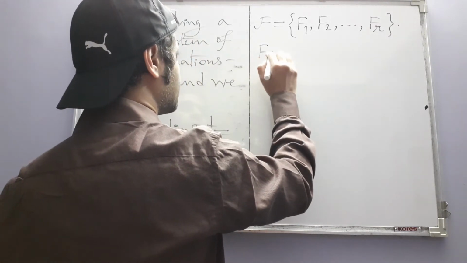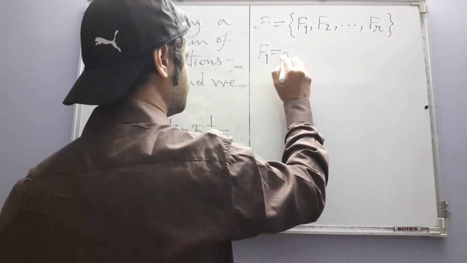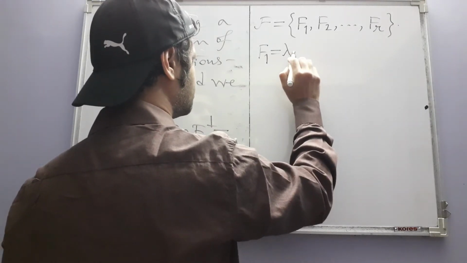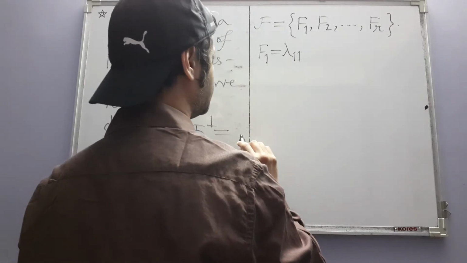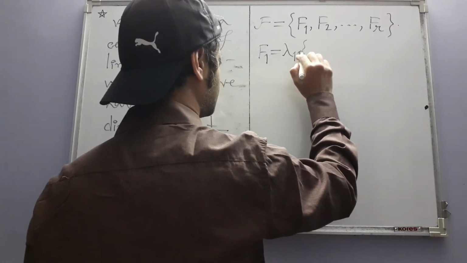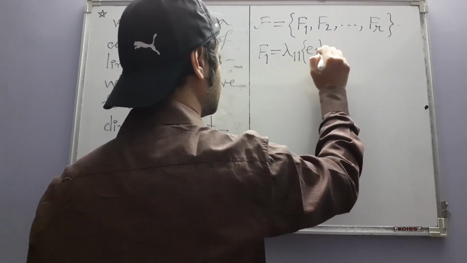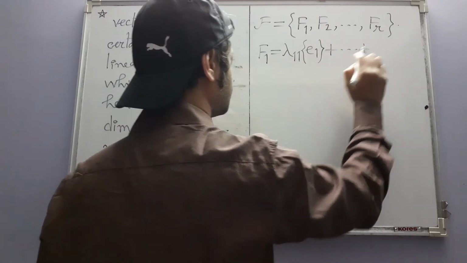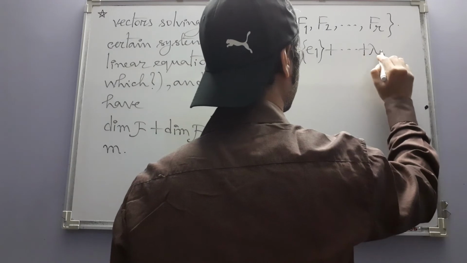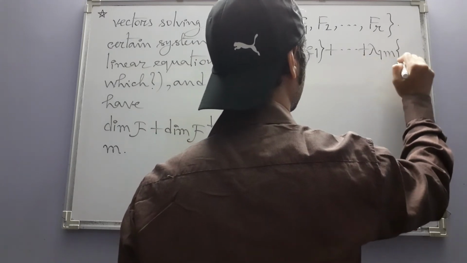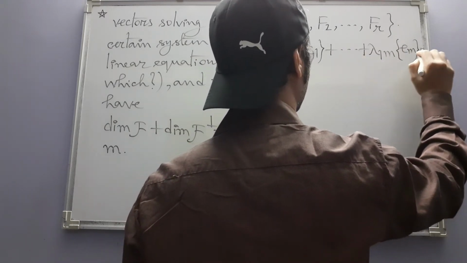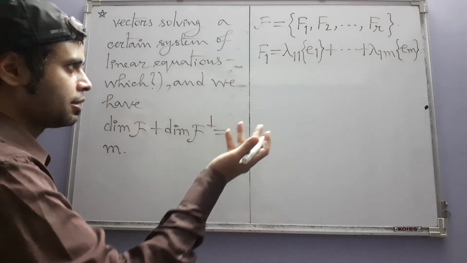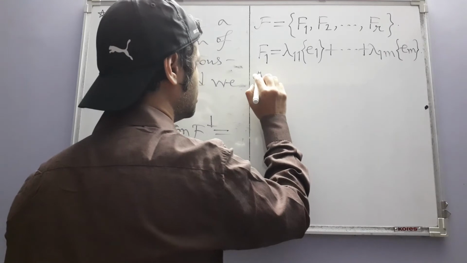Say F1 has this expression: because we already have a suffix, let's put lambda 1 1 double suffix e1, lambda 1 2 e2, and it will go like this, lambda 1 m em. So this is the expression of F1 as a linear combination of basis elements.